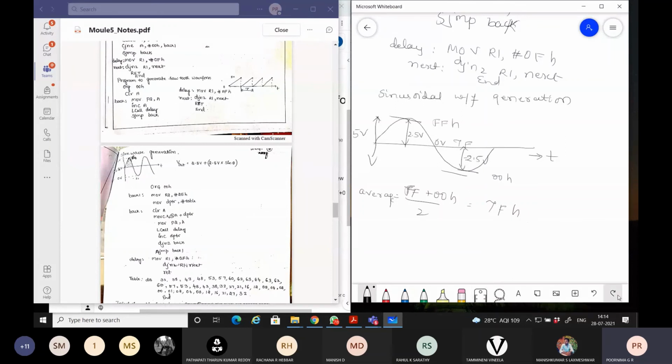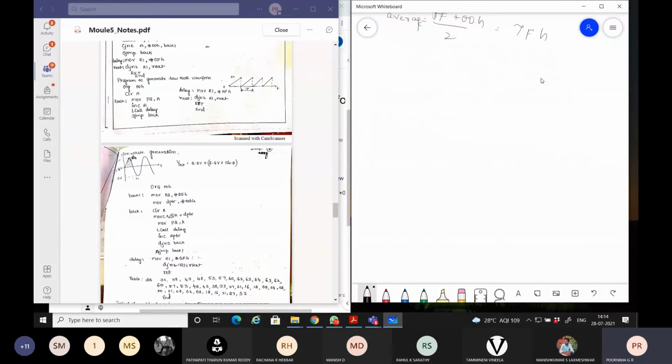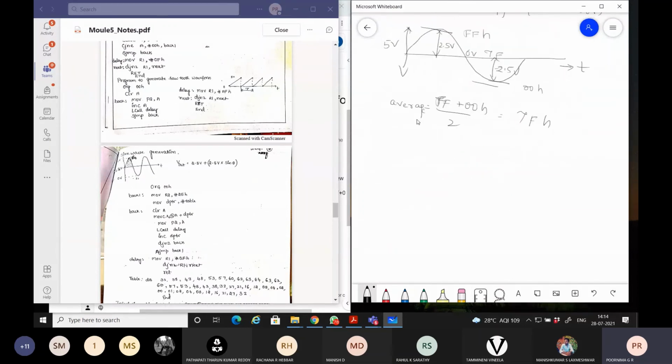Now from that 7F, we have to give the amplitudes angularly. How can we provide this angular amplitude? We use this formula: V out is equal to 7F, the average value, plus 7F into sine theta.